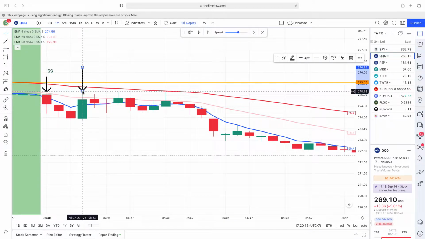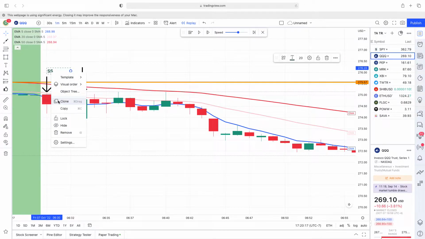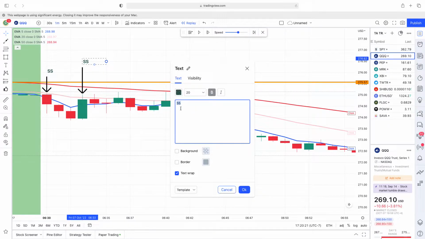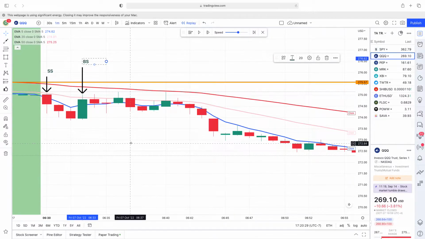That's what I look for. And then here, we have a buy signal. That's how I distinguish my buy signals and my sell signals, okay? That's how. This is a solid buy signal.